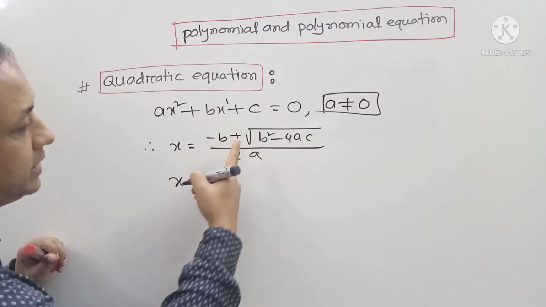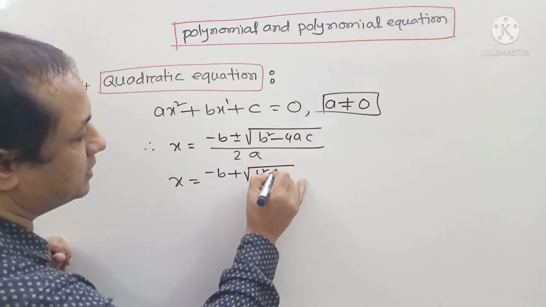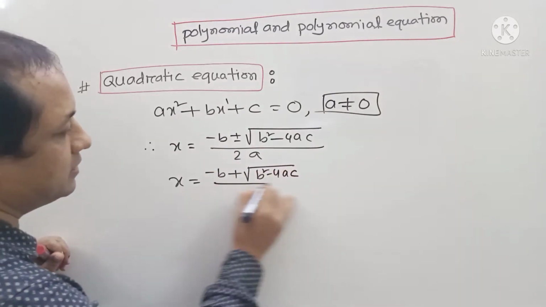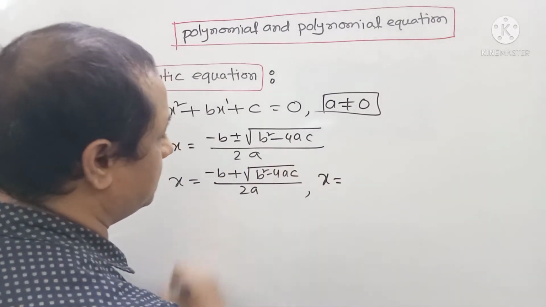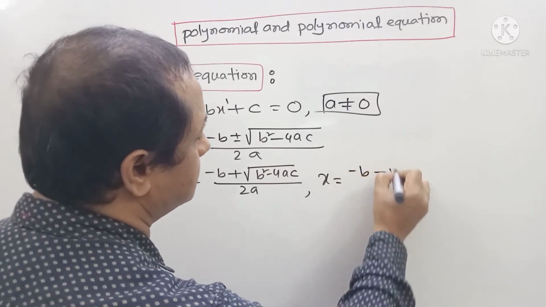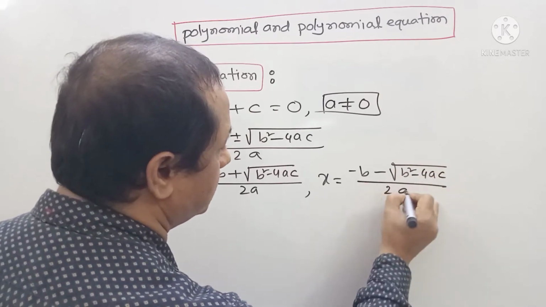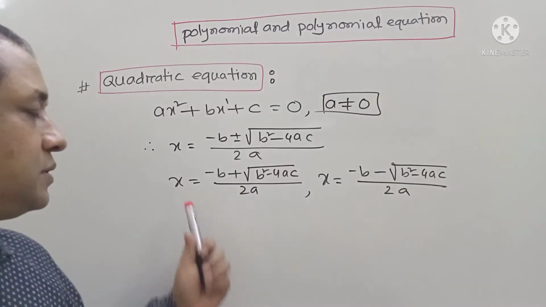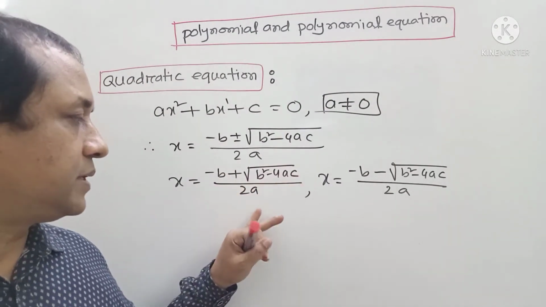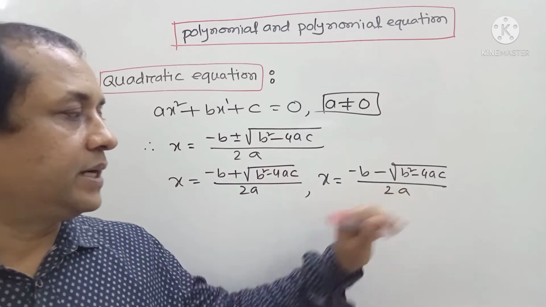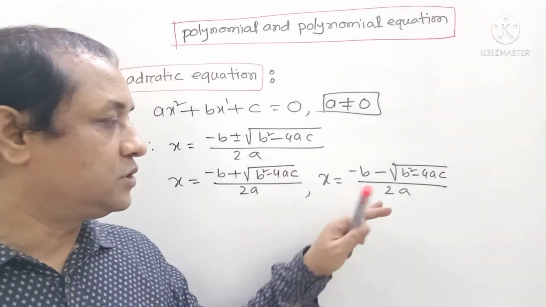Taking the positive sign, x equals minus b plus root over b square minus 4ac by twice a, and taking the negative sign, we get minus b minus root over b square minus 4ac by twice a.